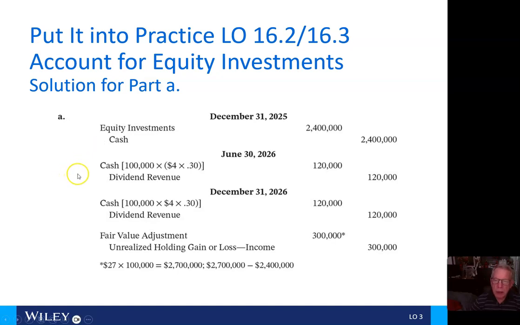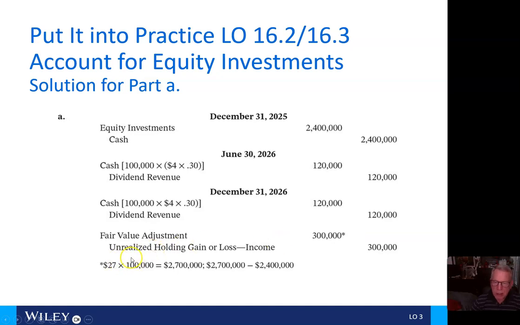Then on June 30th, we get 30% of that $400,000 cash dividend. So we'll debit cash for $120,000, credit dividend revenue for $120,000. Do the same thing at December 31st, but we also make a fair value adjustment of $300,000.